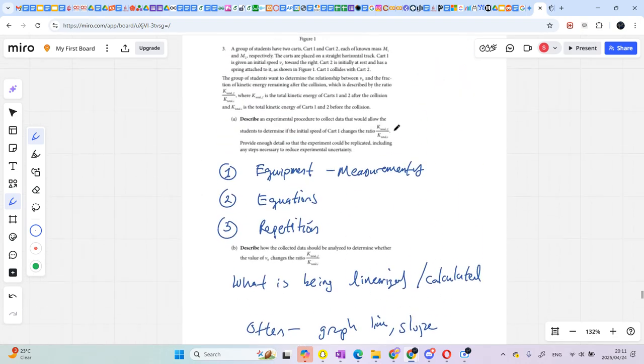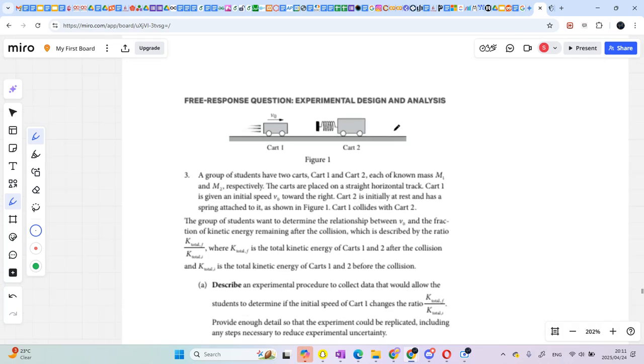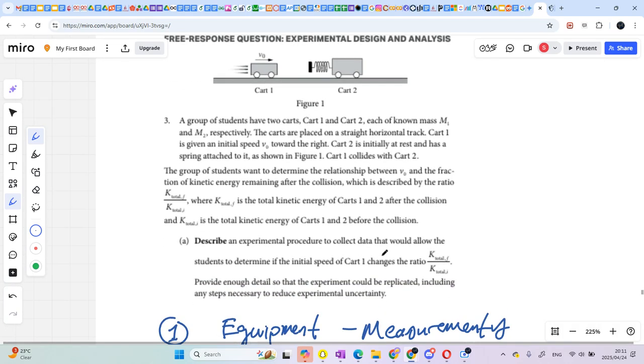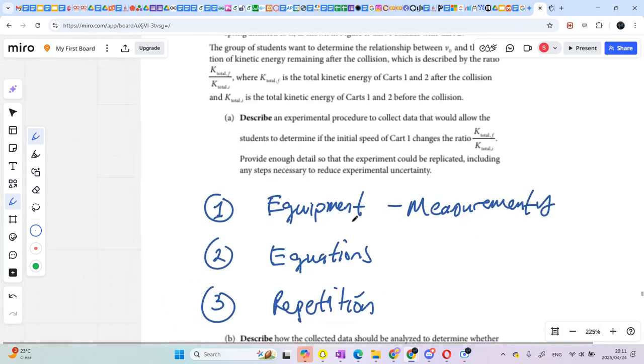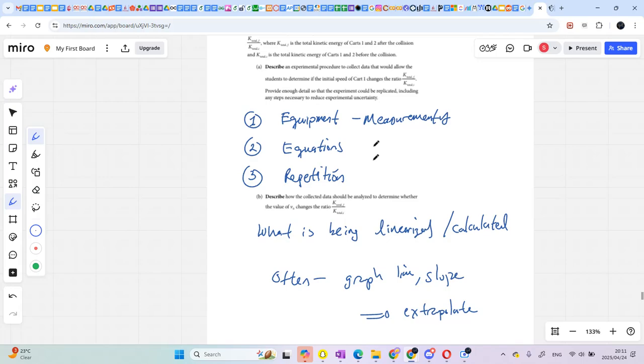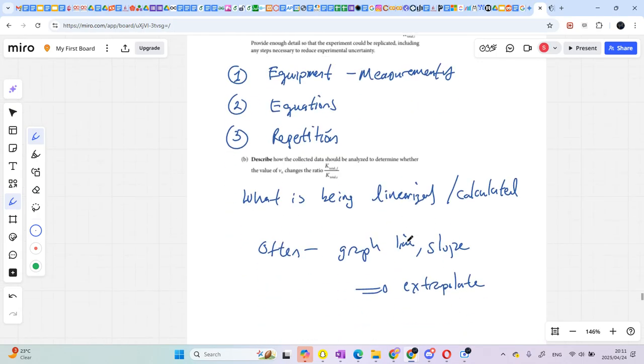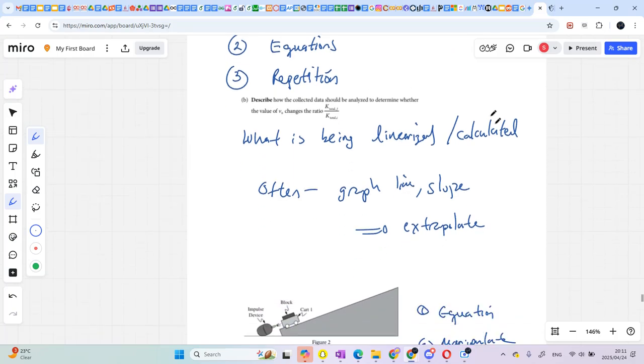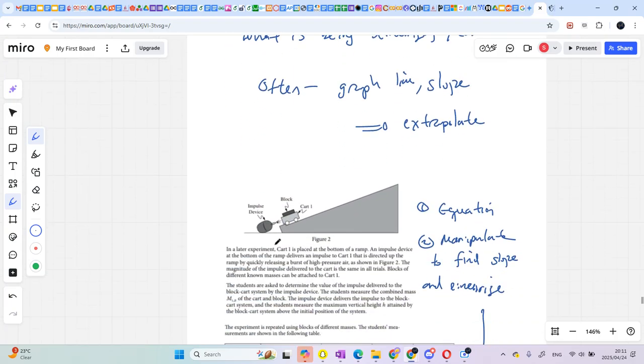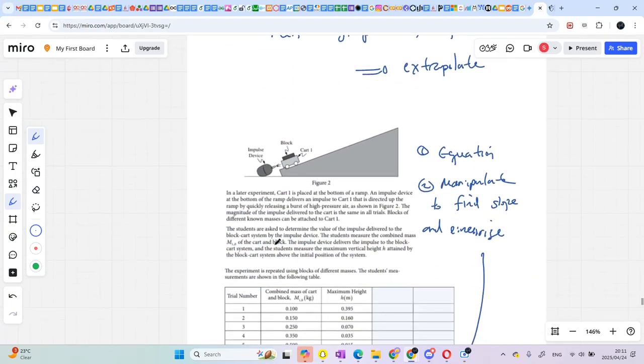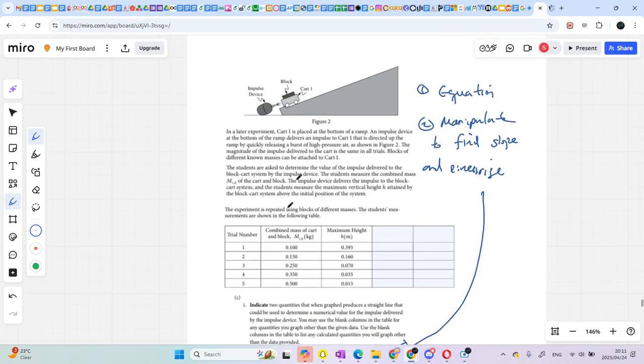This is one of the longer questions. This one takes a bit more time. Take your time on this one, because especially for the first couple parts, make sure you're going into enough detail about the equipment, the equations you're using, repeating it, and then how you're going to use that data to extrapolate unknown data.